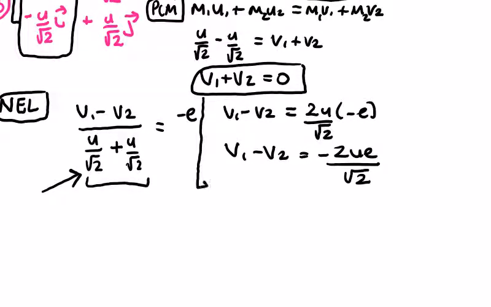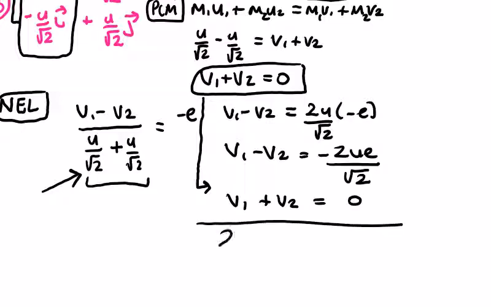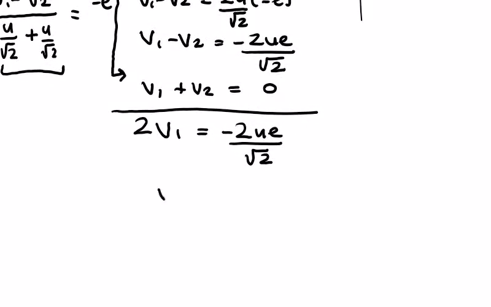So if we bring this one down, v1 plus v2 equal to 0. We get 2v1 is equal to minus 2UE over root 2. Dividing by 2, we get v1 is equal to minus UE over root 2.